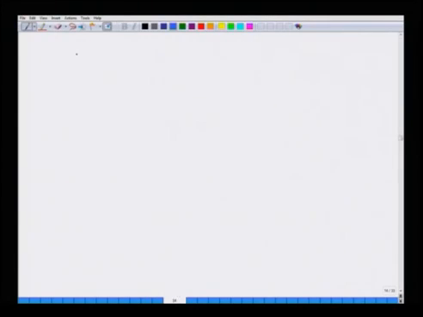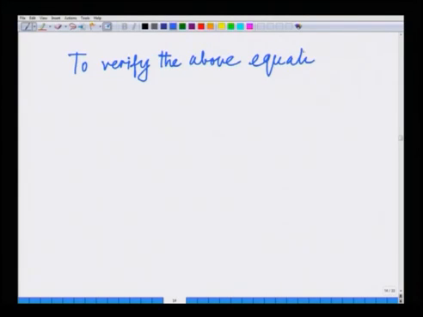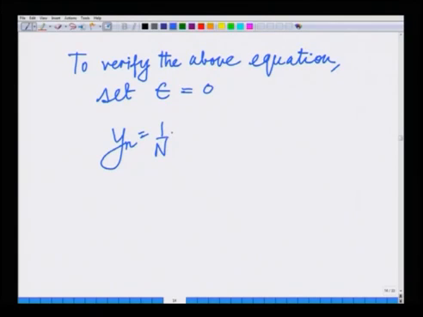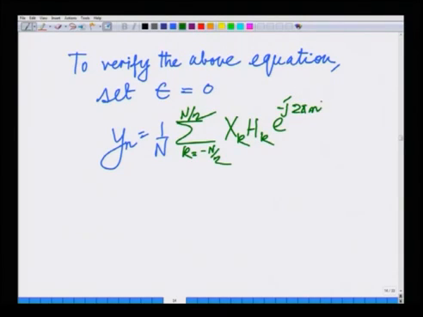So, to verify the above equation, set epsilon equals 0, and we obtain y n equals 1 over N summation k equals minus N by 2 to N by 2 of x k h k e to the power of minus j 2 pi n k over N, plus w n, where w n is the noise.